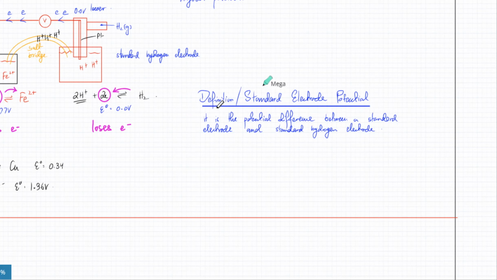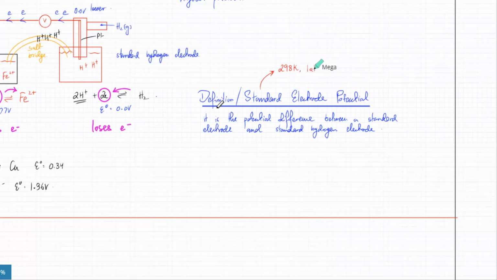And what is the meaning of the term standard? Whenever we use the term standard, what does it represent? Whenever you have standard enthalpy change or standard hydrogen electrode or standard enthalpy change of combustion, standard represents conditions, right? 298 Kelvin, so that's room temperature, 25 degrees centigrade.